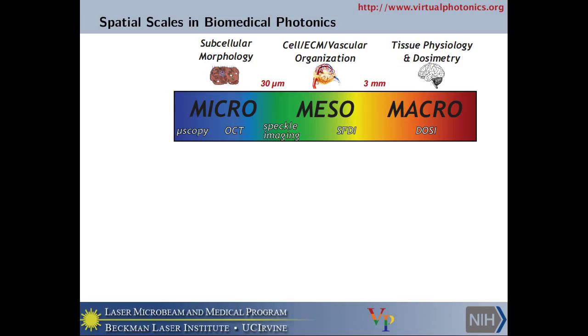Techniques such as spatial frequency domain imaging and diffuse optical spectroscopy and imaging collect light that has propagated more deeply into tissue and can give us some understanding of the interaction of cells with their surrounding matrix and vasculature. And finally, looking at very large volumes of tissue, on the cubic millimeter or centimeter scale, to look at bulk tissue physiology and dosimetry.